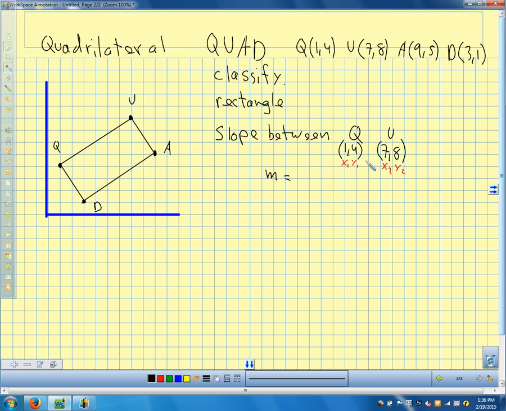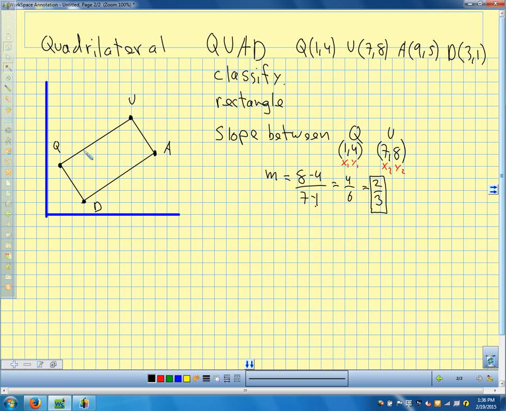So y2 minus y1, 8 minus 4, over x2 minus x1, 7 minus 1. The 8 minus 4 is 4, the 7 minus 1 is 6, and I can reduce that to 2/3. All right, so that slope is 2/3.